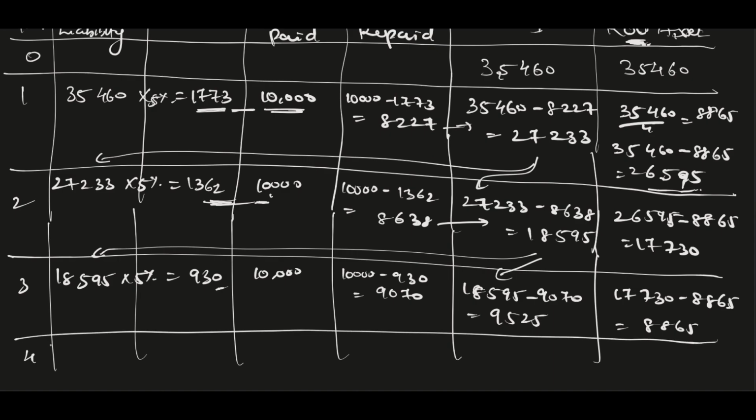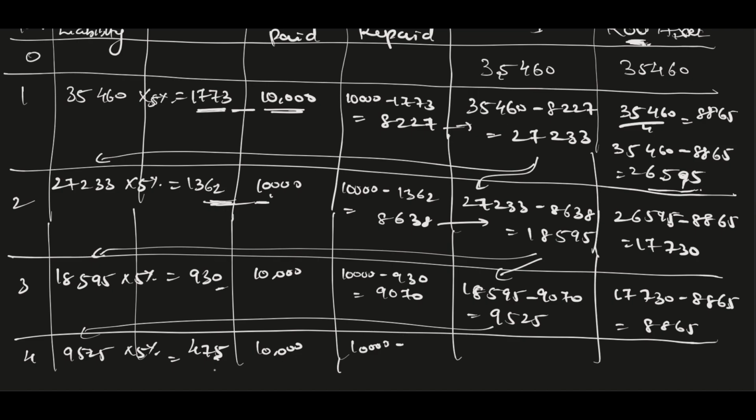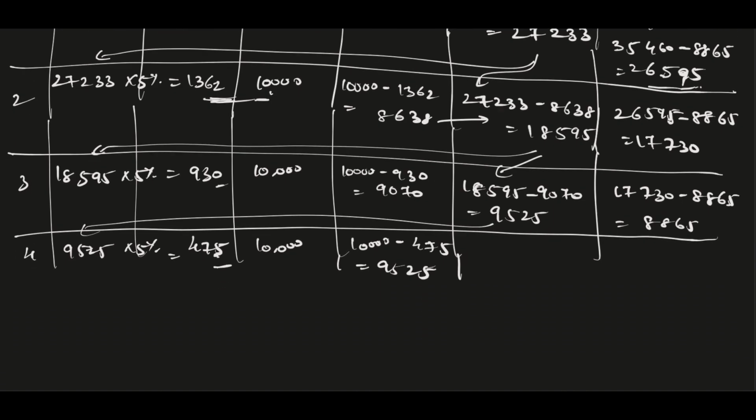Then fourth year, this again will become the opening balance, so 9525, on which 5% interest has to be paid, so that comes to 475, and 10,000 is the amount paid, so the remaining will be 10,000 minus 475, so it comes to 9525 paid as a principal amount.